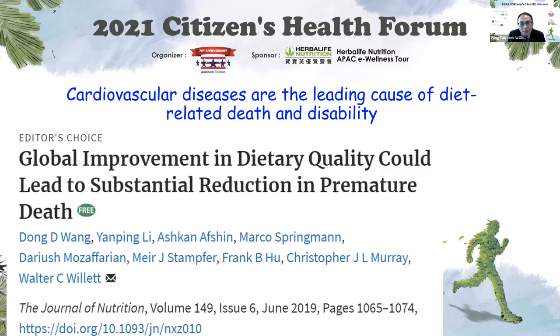Changes to what we eat can greatly affect the overall physiological well-being of the general population. Specifically, deterioration of dietary quality led to the increase in major chronic diseases, with cardiovascular diseases as the largest proportion of diet-related death and disability.